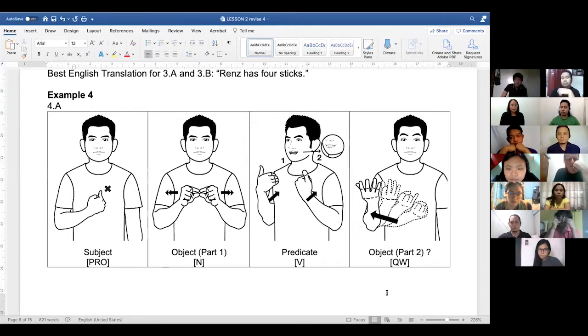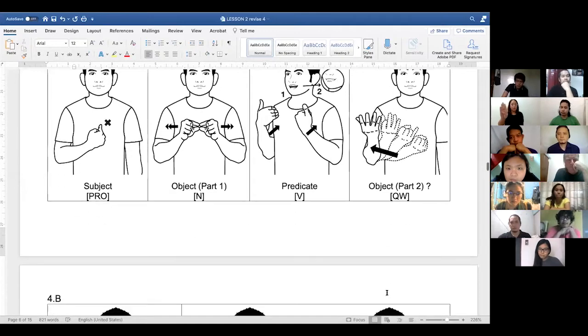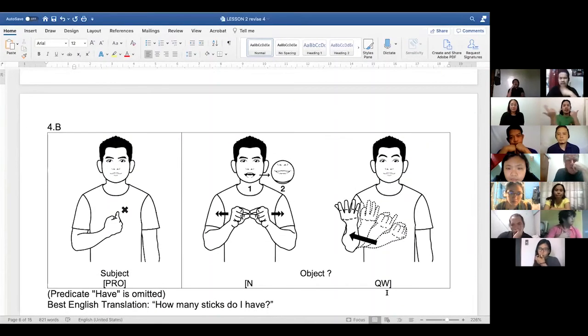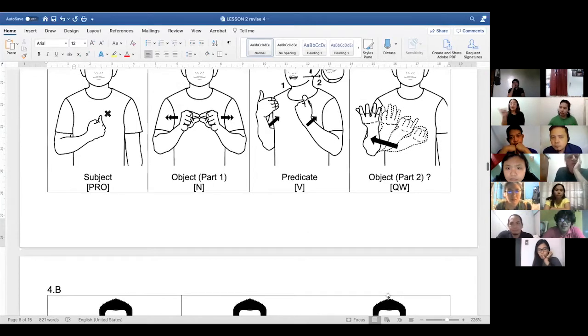Okay, let's look at 4B. Okay, so you need to change 4A and 4B to the same as 2A and 2B, 3A, 3B.